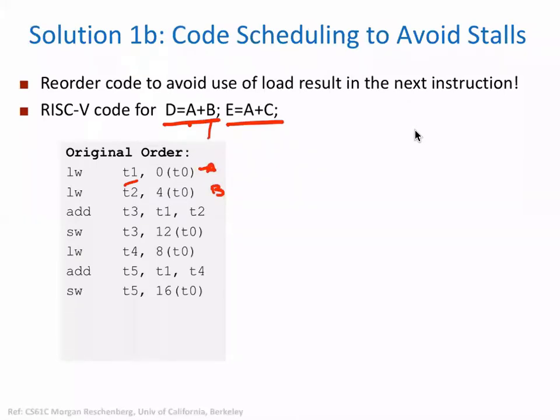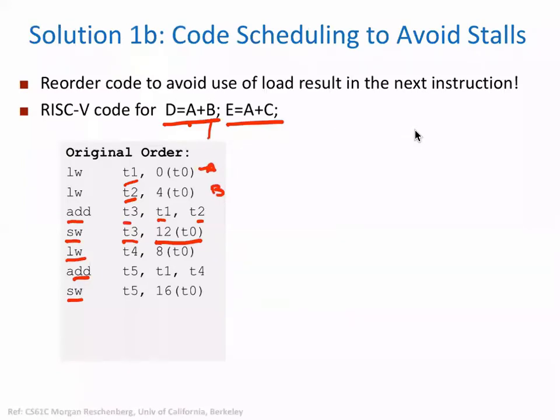It goes into T2. Then we add T1 and T2, and the result goes into T3. Then we store the result of T3 into this location, given by this address. Then we do load, load, add, and then store word.